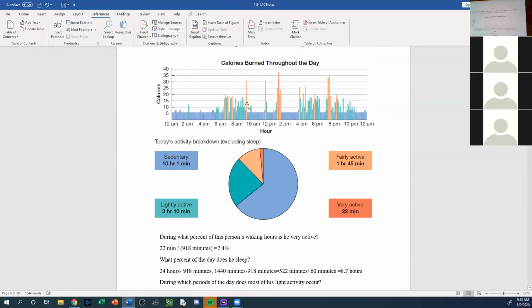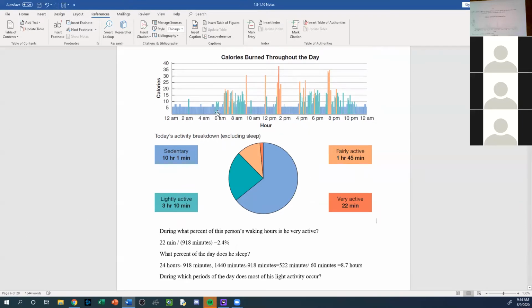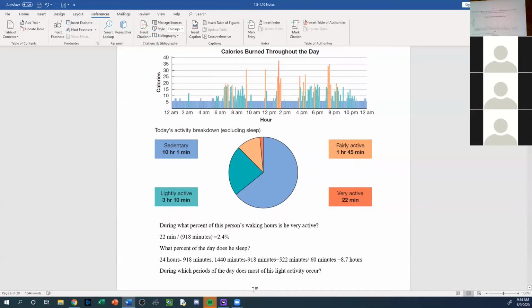So if we look at this bar graph up here, we see that he's lightly active in this part, everything that's green, right? So it looks like he's lightly active maybe from 6 in the morning to maybe 8. So 6 a.m. to 8 a.m., right?